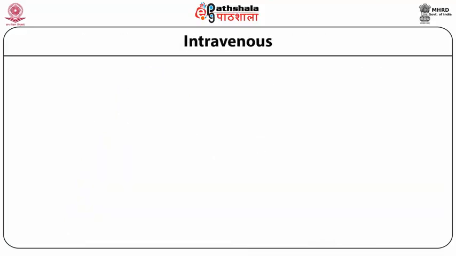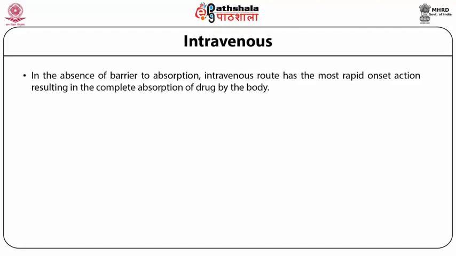As just mentioned, we have three major routes of administration of drug through the parenteral drug delivery systems. Amongst them, the first one is the intravenous route. It's absolutely understandable that in the absence of a barrier to absorption, the intravenous route proves to be the most rapid onset of action giving route, and as compared to any other parenteral route, it results in complete absorption of drug by the body.